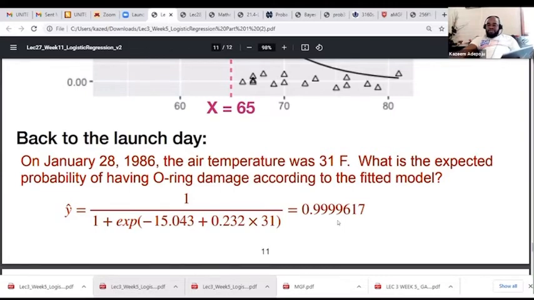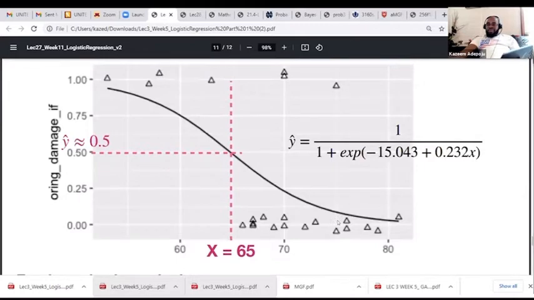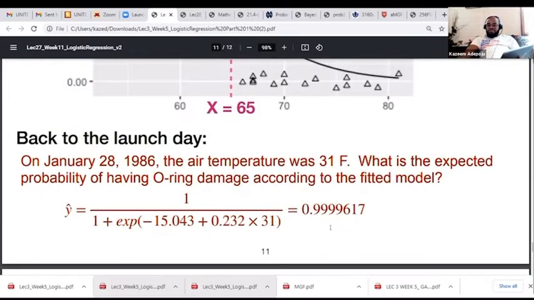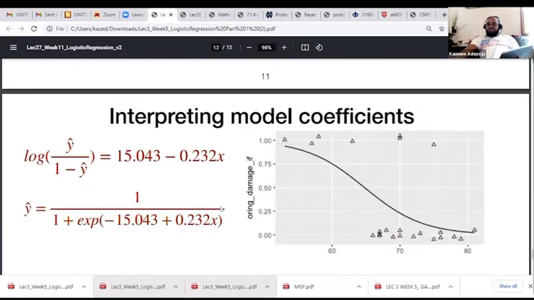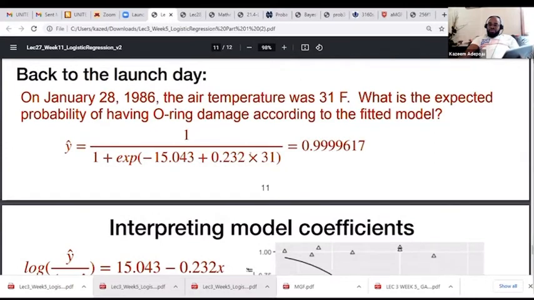When you plug in 31, take a look at what you have. And if that is what you have, then you can make an inference for that. So it means at any given temperature, you can predict the probability of O-ring damage.